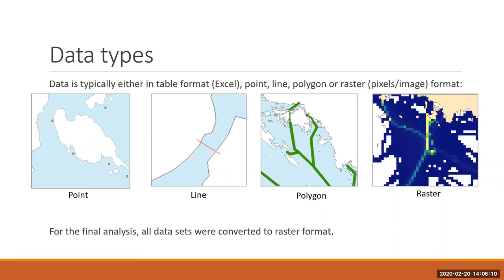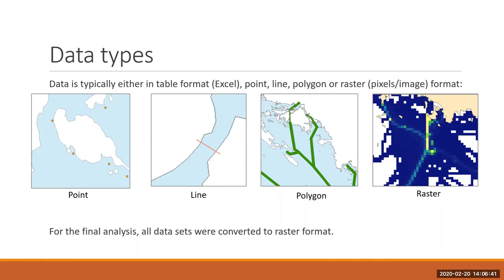And some data can be in table format, and then you input it into GIS and it becomes points. So the table just contains coordinates. So points, like I said, are just coordinates, and they don't have a size. They're basically infinitely small. They're just a position.